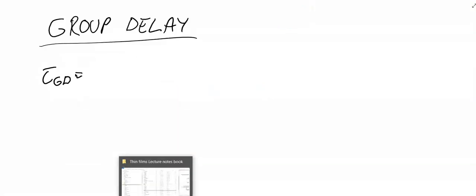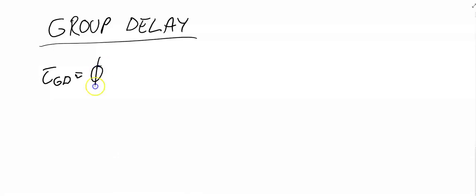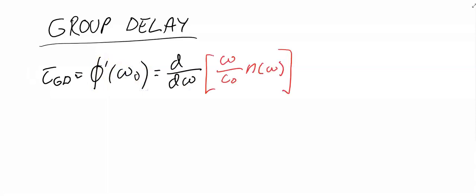The time delay of the pulse amplitude, the group delay, on the other hand, depends on the derivative of the phase. Again, we insert beta and distance and carry out the differentiation.